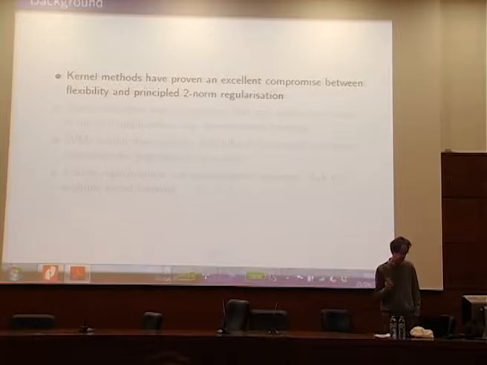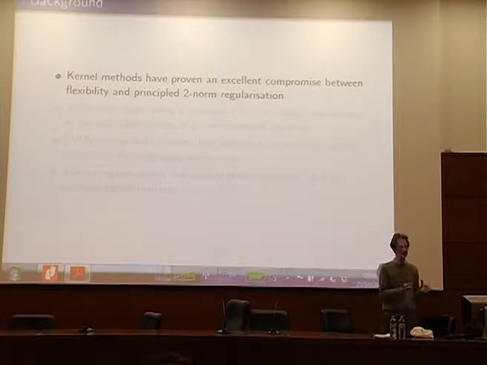So the background is that kernel methods have been a very successful approach to machine learning that has created a compromise between flexibility and principled regularization. More recently, there's been a resurgence of deep learning, and to put it in context, if you've got tons of data, deep learning may be able to do a better job.